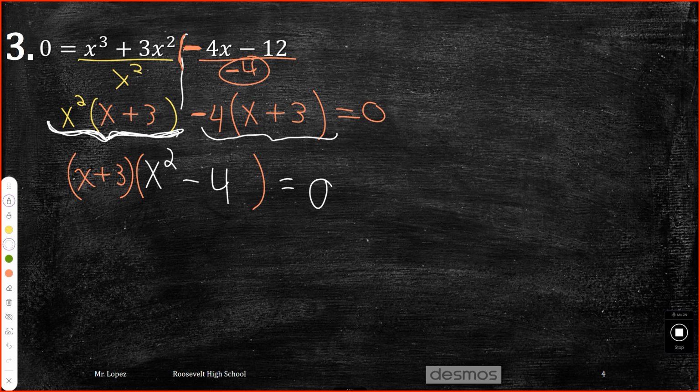All right, so let's solve this one. Let's do the whole work, I guess. X plus 3 equal to 0, because we already factored it out. And then x squared minus 4 equal to 0.